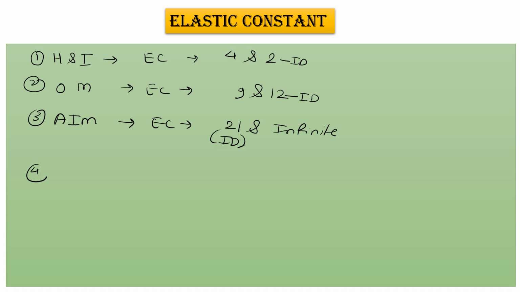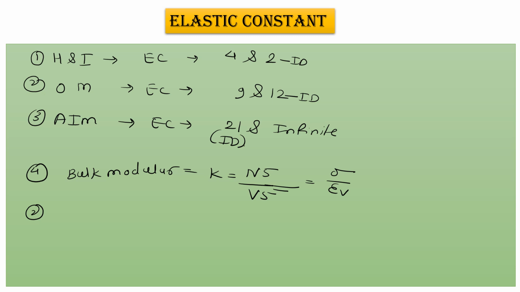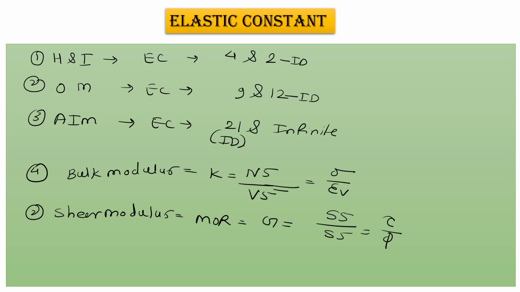The next is bulk modulus, represented by K. Bulk modulus is nothing but normal stress to volumetric strain, sigma by epsilon V. Then next is shear modulus, also called modulus of rigidity, represented by G. Shear modulus is nothing but shear stress to shear strain, tau by phi.